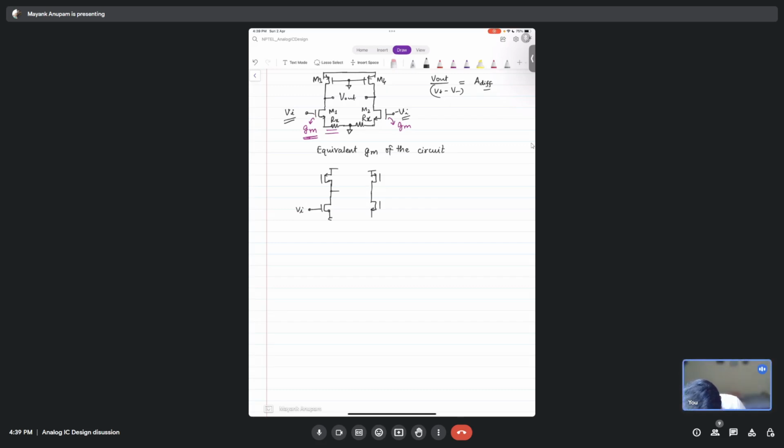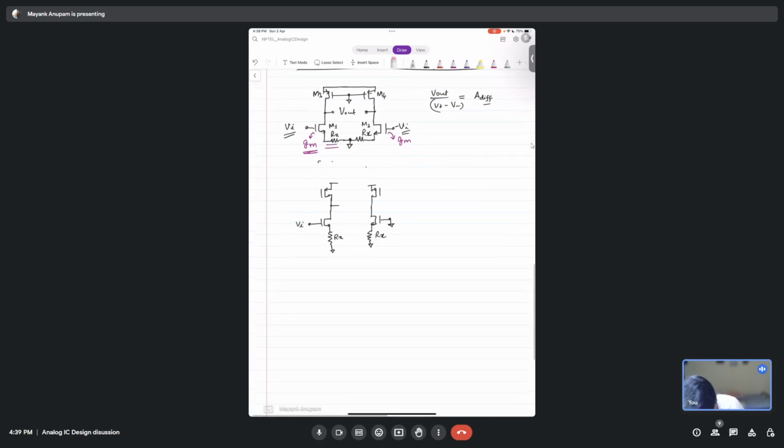We have this Rx here. This is grounded, okay? We have Rx here and this is grounded. And this is also grounded because we are only focusing on one input.